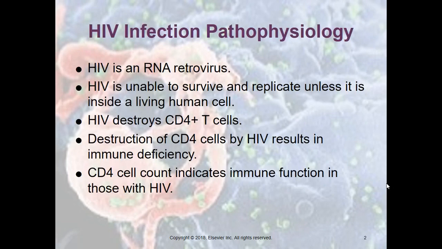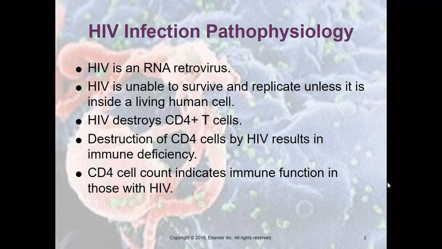HIV infection is an RNA retrovirus. The main thing with HIV is that it's unable to survive and replicate unless it's living inside a host, a human cell. How HIV works is it destroys CD4 T cells, and with the destruction of the CD4 cells by HIV, that results in immune deficiency.